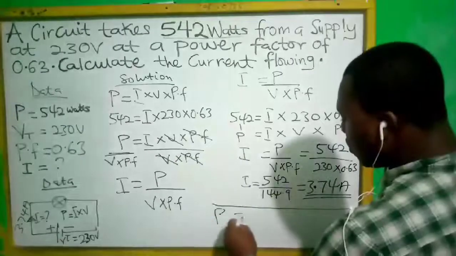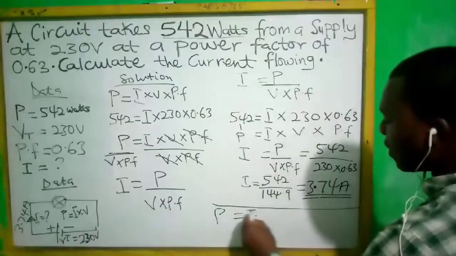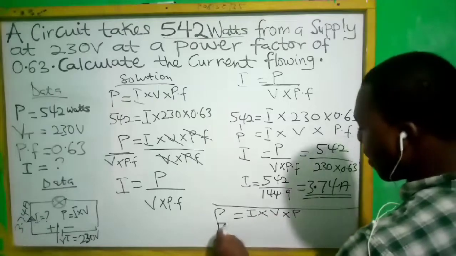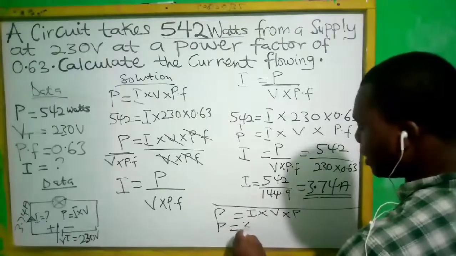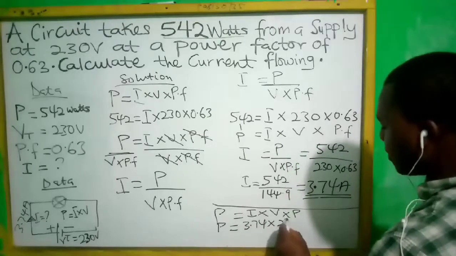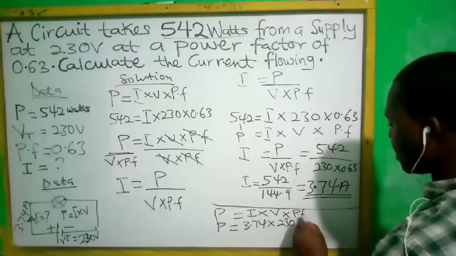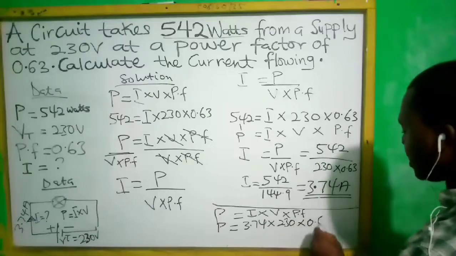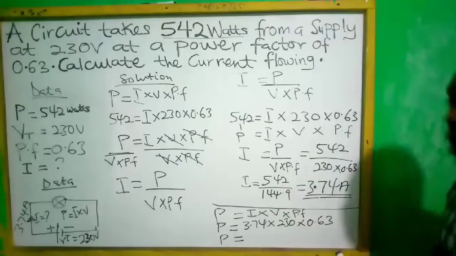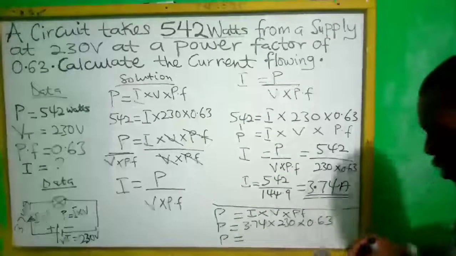So power equal to current times voltage times power factor. So power equal to current 3.74 times voltage 230 times power factor 0.63. Let's do it and see whether we will get 542 watts.